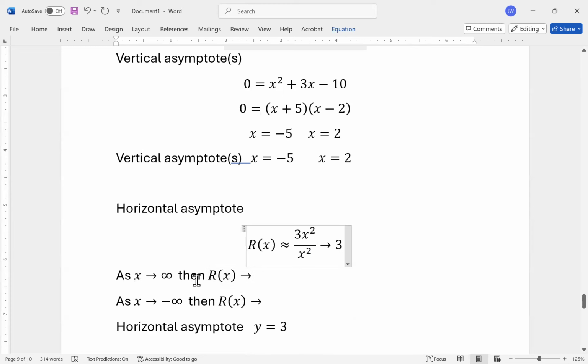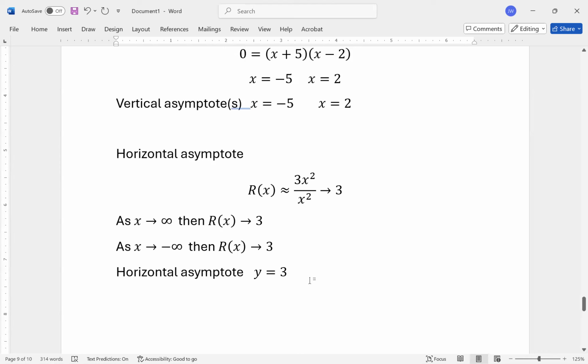So as x gets really, really big, that becomes a 3. Same thing if x gets really, really big in the negative, that becomes a 3. So I have a single horizontal asymptote of y equals 3. By the way, you only ever get one horizontal asymptote on a rational function at most. So that's what's happening.